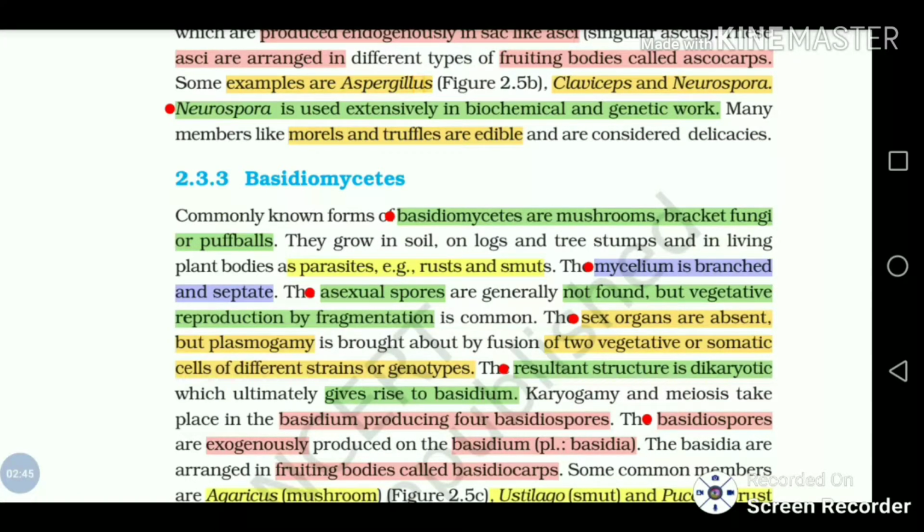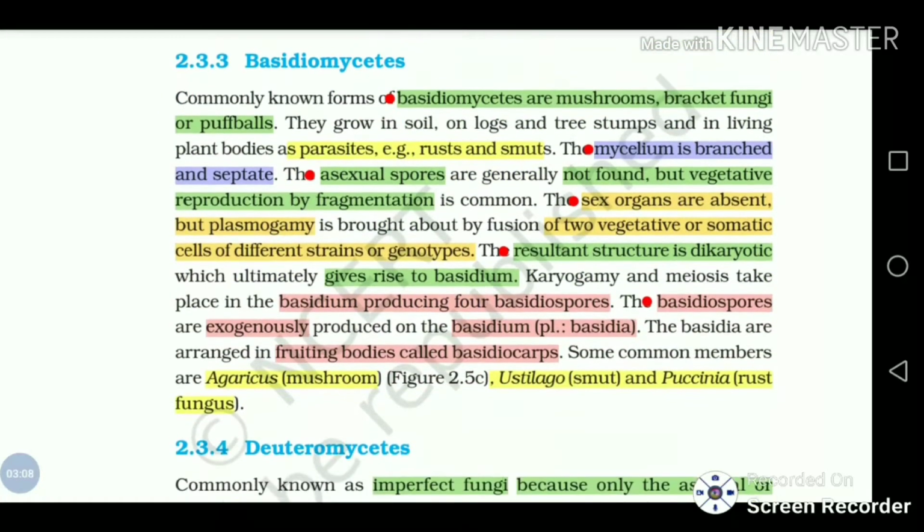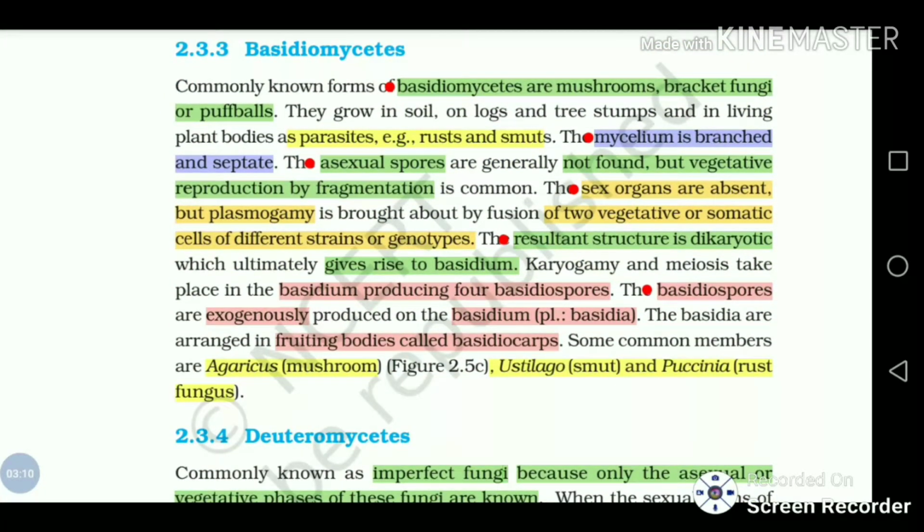The asexual spores are not found, but vegetative reproduction is by fragmentation, and their sex organs are absent, but plasmogamy of 2 vegetative or somatic cells of different strains or genotypes results in a dikaryotic structure that gives rise to a basidium. And this basidium produces 4 basidiospores.